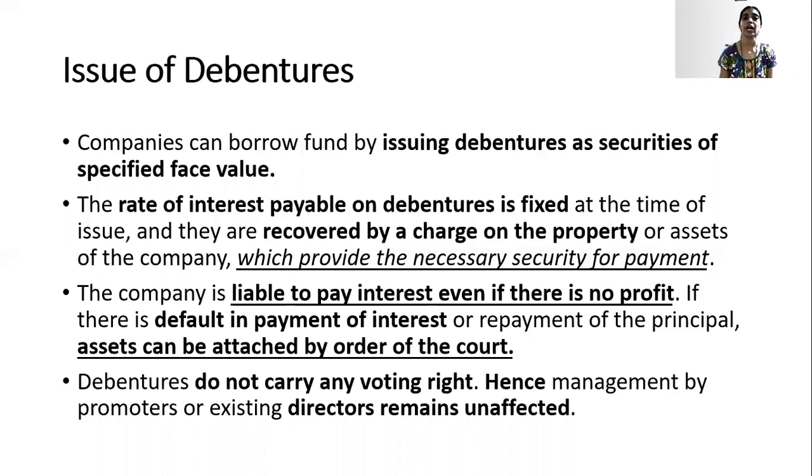It means this debenture has a particular charge, meaning the holders have a right on a particular property or company asset, which provides the necessary security for the payments. Whenever you are issuing any debentures, you need to secure them. Like if I am buying debentures of a particular company, the debentures are secured against a particular asset of the organization.